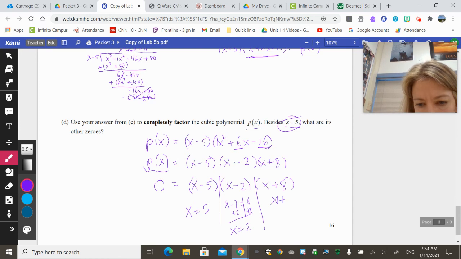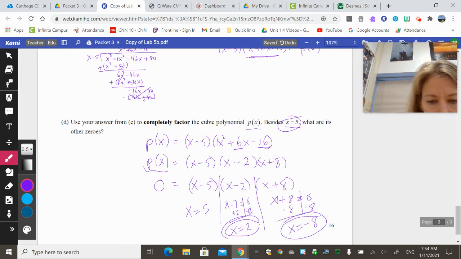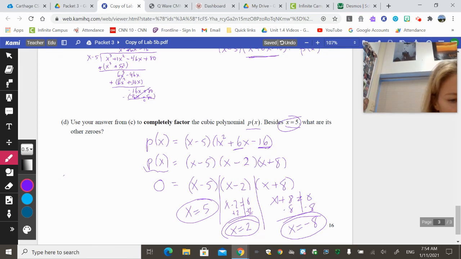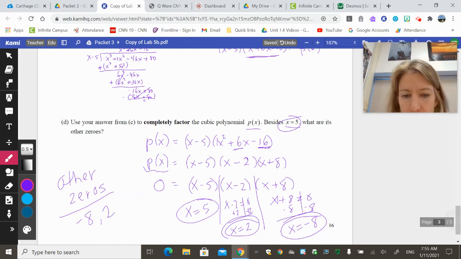And then I'm going to set this one equal to 0. That says x plus 8. And the other zero would be x equals negative 8. So the other zeros are negative 8 and 2. Of course, 5 is a zero as well. So the other zeros, I'll just write it because they specifically asked for the other zeros, are negative 8 and 2. And we are done.